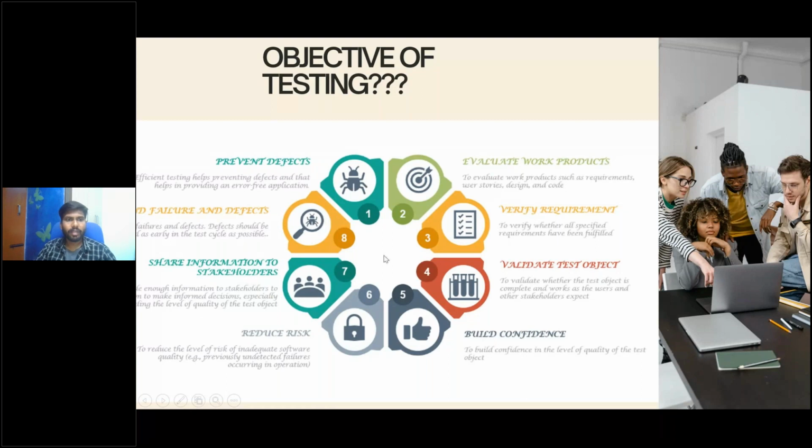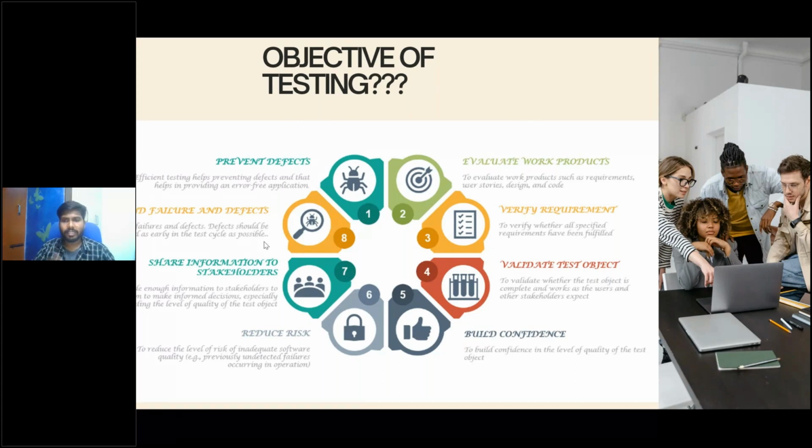Okay. Then the next main objective is to avoid the failures and the defects. Obviously, if failures or defects are detected at the very early stage of the project life cycle, it is better. Let's say there is one defect, and it is not identified at the initial phase of the project, and it is identified at the final phase.